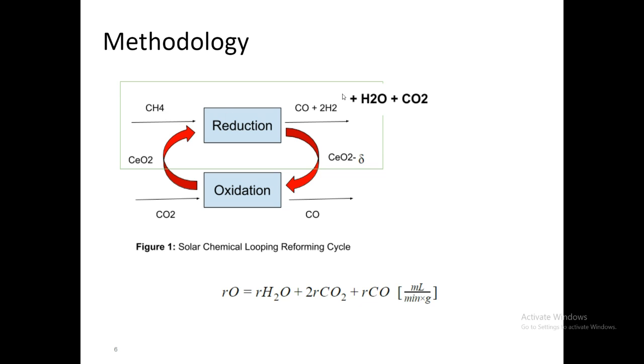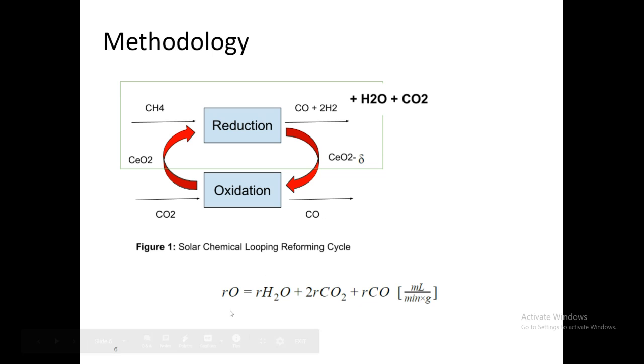Here, in this reaction, we're going to consider the reduction only. So there's no oxygen here, there's no oxygen here. Here, for every carbon monoxide molecule, there's one oxygen atom. Here, for every water molecule, there's an oxygen atom. Here, for every molecule of carbon dioxide, there are 2 atoms of oxygen.